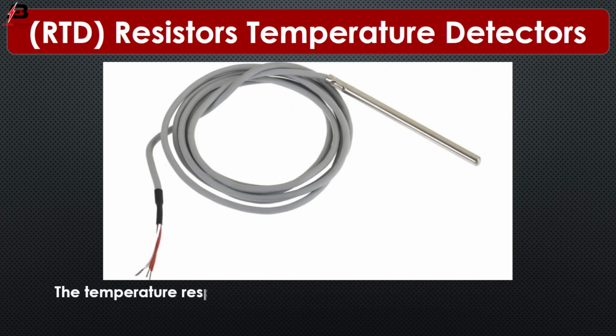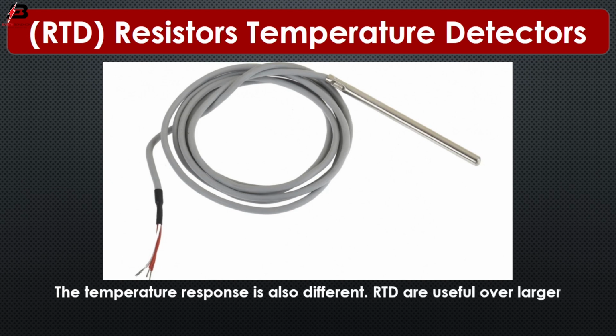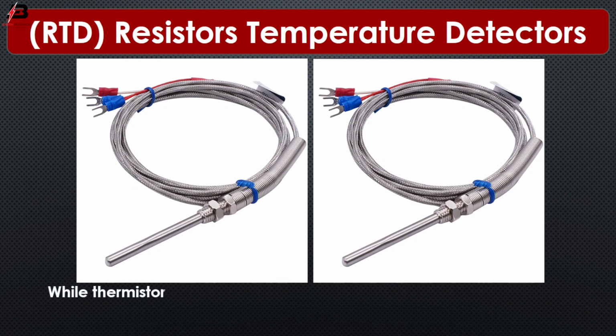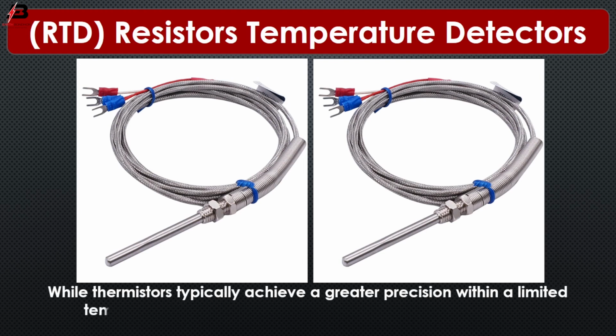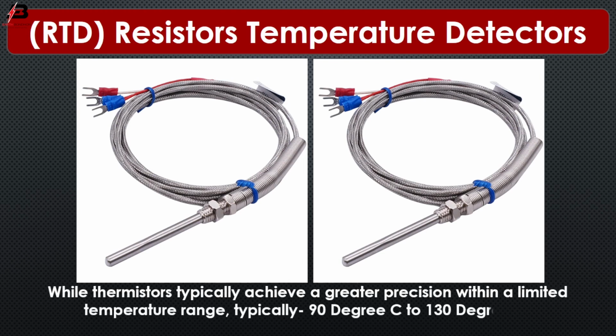The temperature response is also different. RTDs are useful over larger temperature ranges, while thermistors typically achieve a greater precision within a limited temperature range, typically -90 degrees centigrade to 130 degrees centigrade.